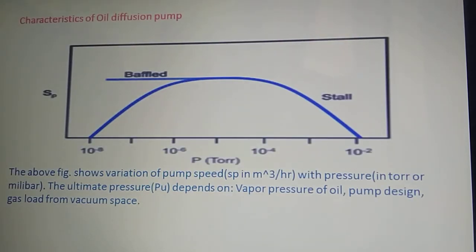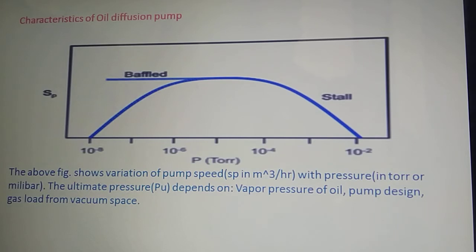And let's go for some characteristics of the oil diffusion pump. So the graph drawn here shows the variation of pump speed with the pressure. The pump speed is generally measured in meter cube per hour, and we know that the pressure is measured in torr or in millibar.